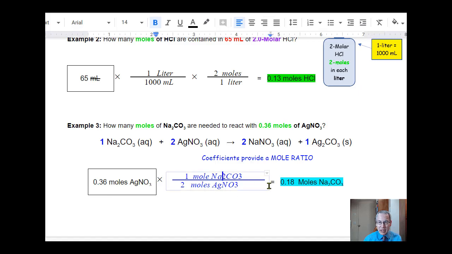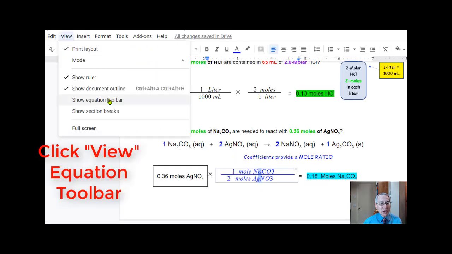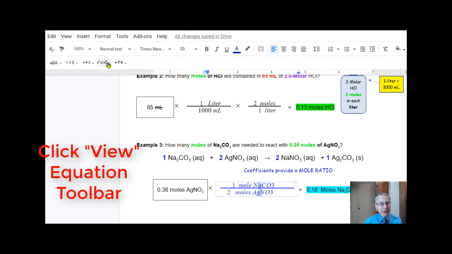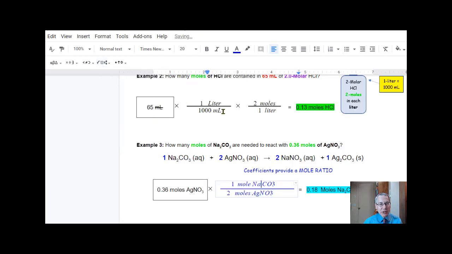I'll try to make this 2 correct. This is optional. So let me get rid of the 2. Let me highlight the A. Let me show my equation tools. And now I want to view the equation toolbar, which is here, and I can click here and say, I want a subscript. So I chose that one. Now, I should be able to type in the 2, but I have to use a right arrow.